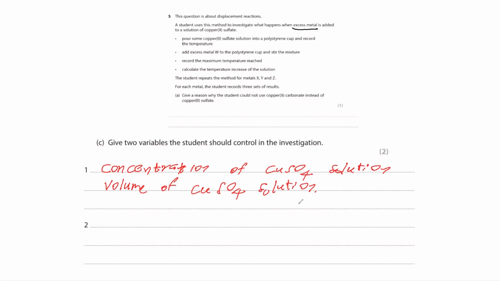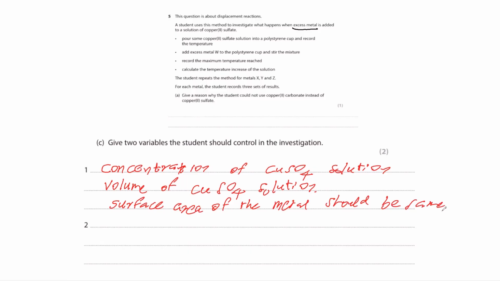We have to keep those things constant. You might also use the same polystyrene cup, or surface area of the metal. I think we have the 2 points we need, but I'll write: surface area of the metal should be the same.